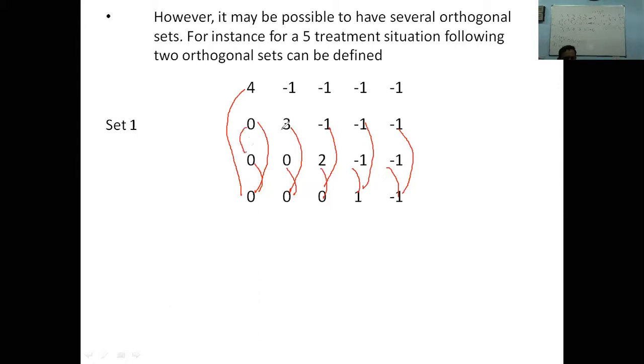Multiply this contrast and see whether it is satisfying the rule. So it should satisfy the rule. Otherwise, they are not independent contrasts, right? All right. So this is one set.